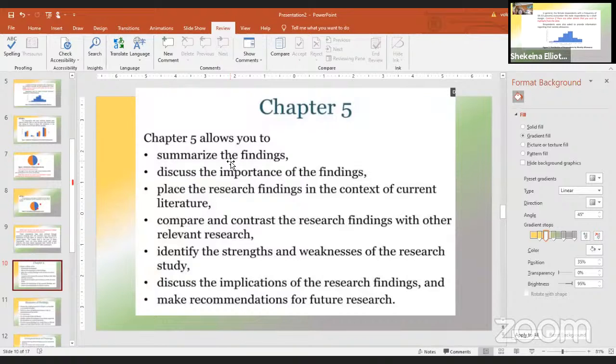And in summarizing the findings, you are discussing important items that pop up in chapter 4. You need to place the research findings in the context of the current literature, in the context of your literature.